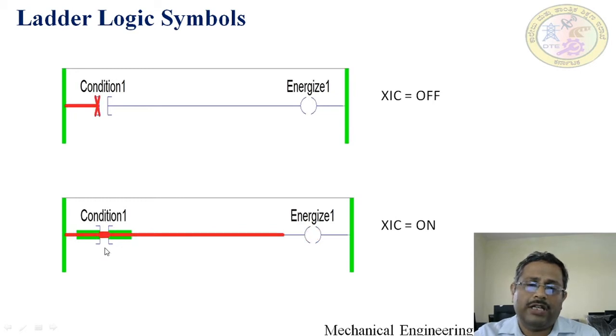At that time the flow will continue to the output, and the output will be turned on. You observe here, this is the condition where the normally open contact is open only, meaning the switch is turned off. Here the switch is turned on.